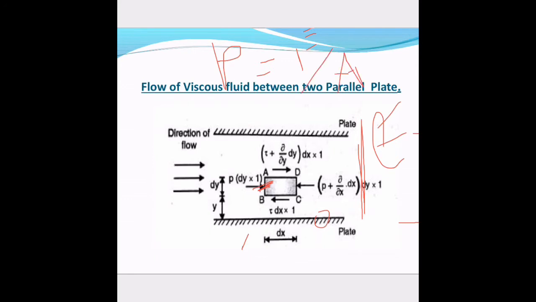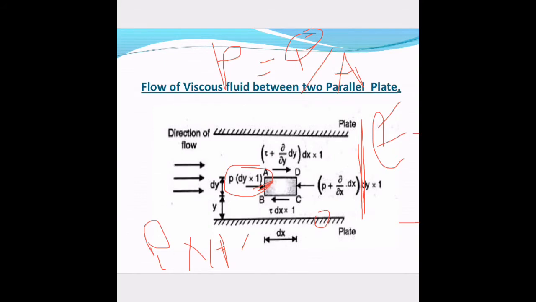So this will be the shear force acting on the wall BC. Again, the force acting on the wall AD will be tau plus del tau by del y into del y, whole into del x into 1. Okay?